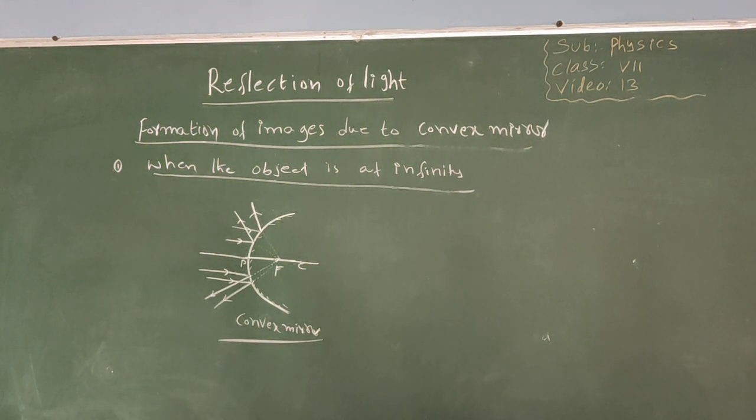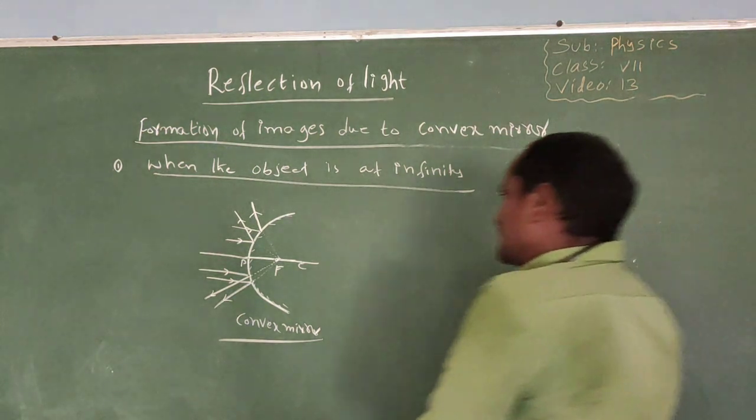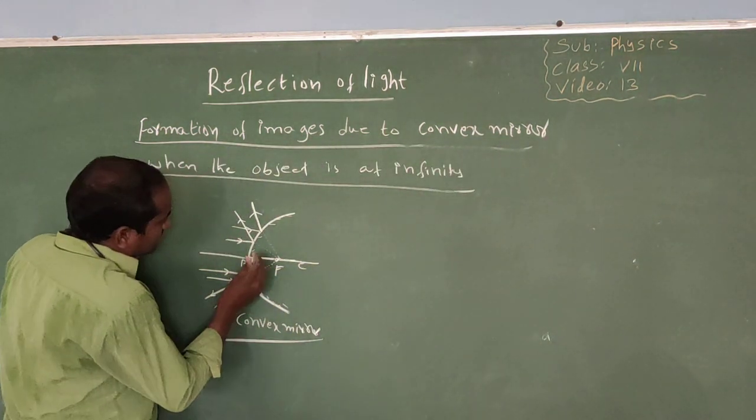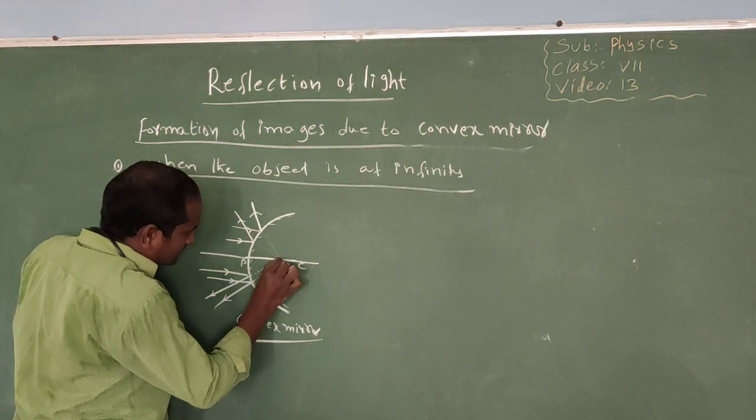When the object is at infinity, for the convex mirror, the image is formed at focus.